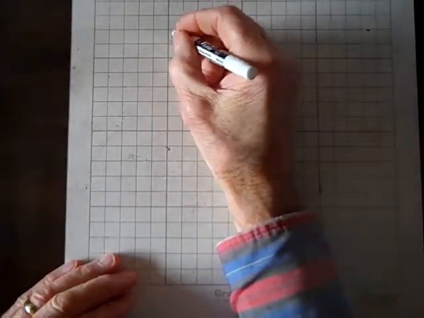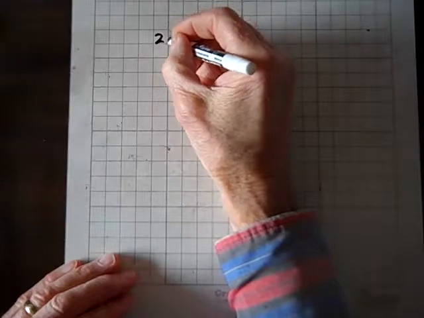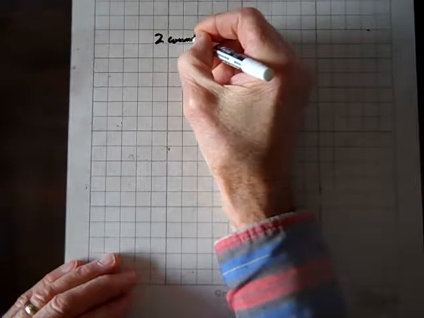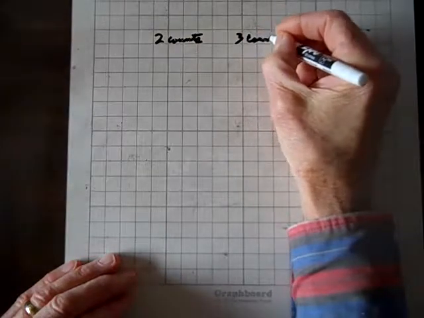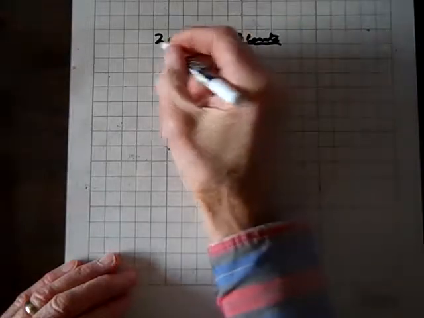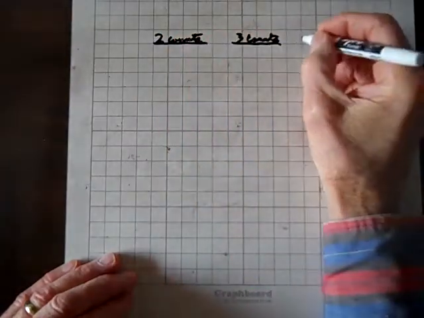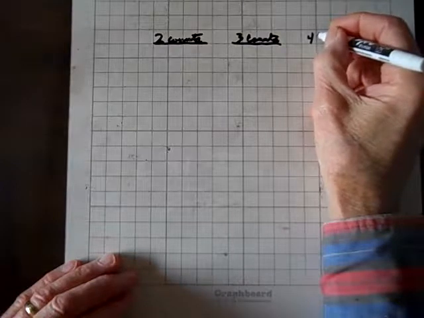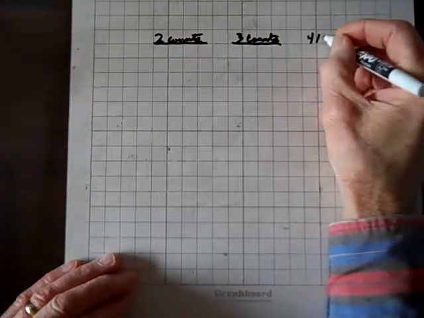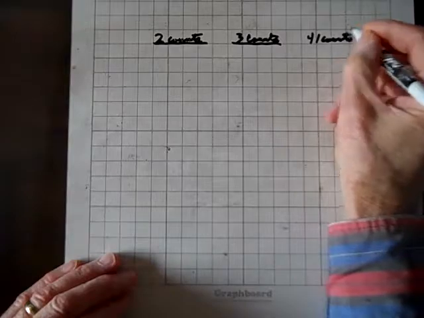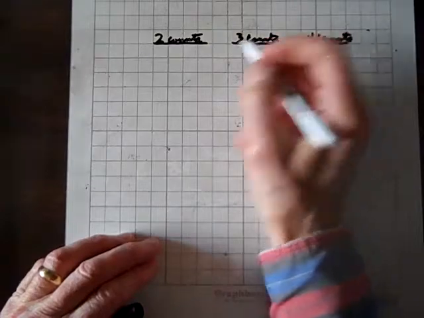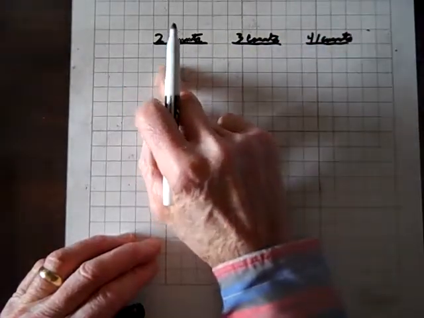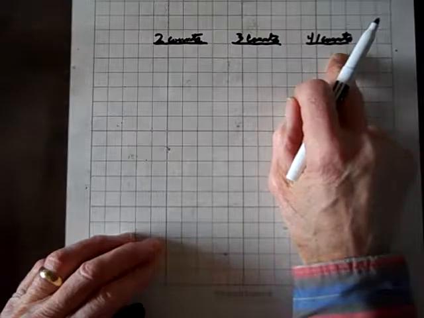So let's make a little chart, and we've got 2 counts, and 3 counts. And ultimately we need 41 counts. Now, 41's not an even number.